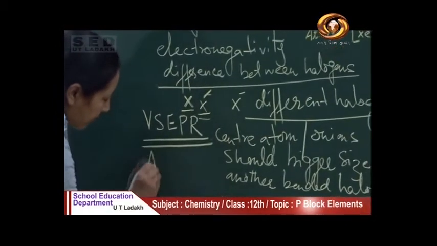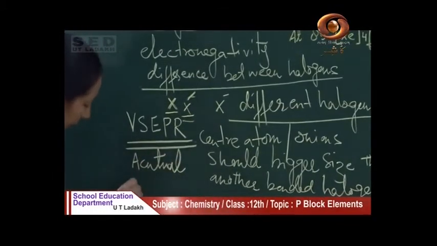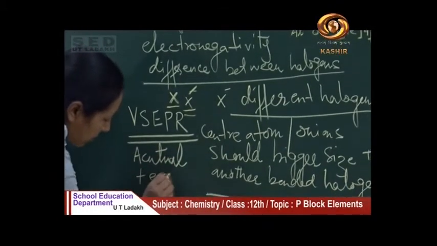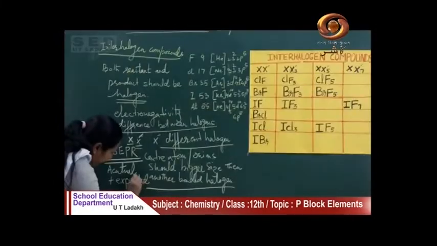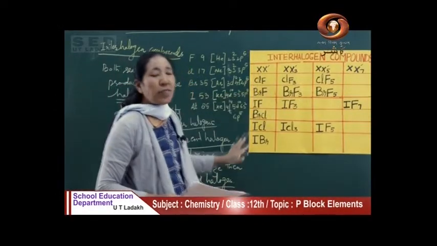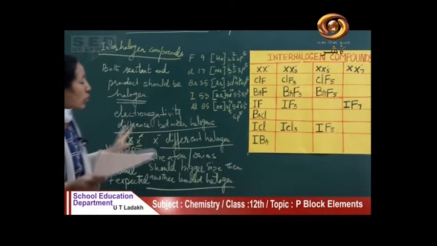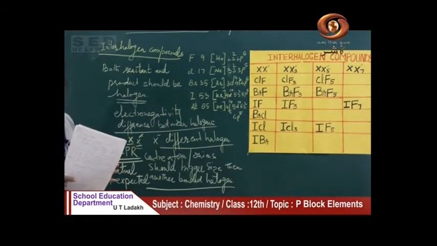There is an actual structure and an expected structure. They have lone pairs of electrons, so they show a different structural arrangement.